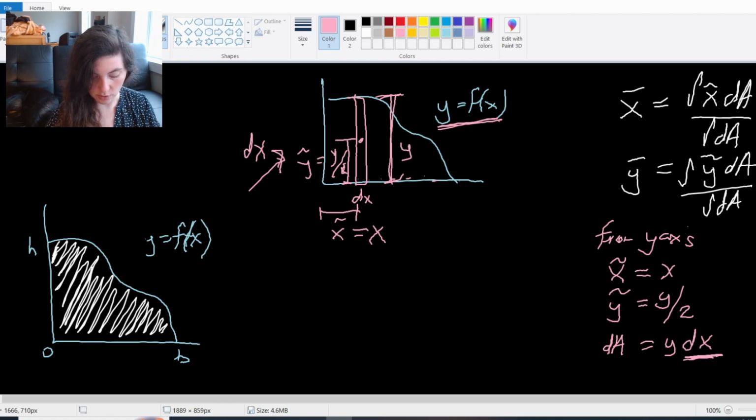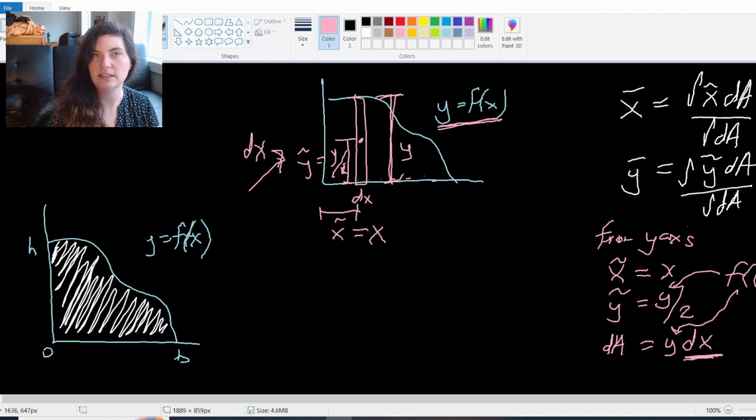So I would plug in all of my things that I need. I have some y of f of x, so I would plug in whatever this f of x function is into every y term that I see. So everything is in terms of x. And these are all of the ingredients that I need.